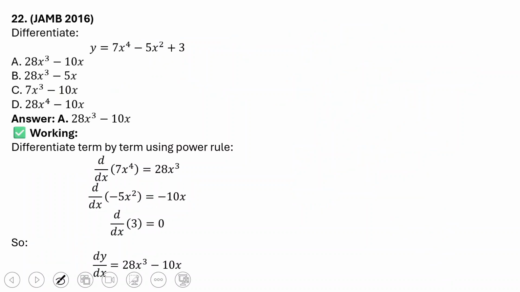Differentiate y is equal to 7x raised to the power 4 minus 5x raised to the power 2 plus 3. So you do it one by one. dy/dx is equal to the first one: 4 times 7 is 28, then x, 4 minus 1 is 3.